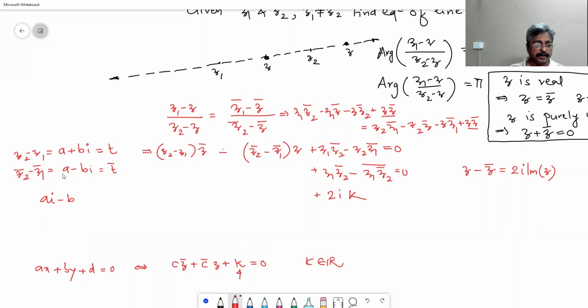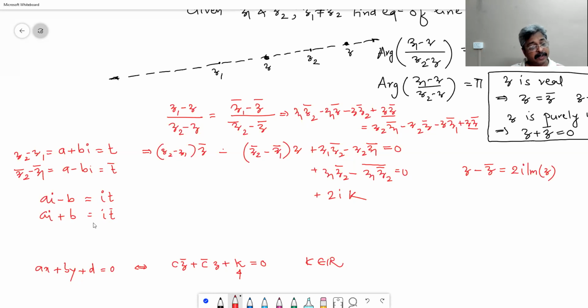And if I multiply this fellow by i, what will I get? ai plus b. Is that right? Yes or no? Which is going to be equal to i times t, which is equal to i times t bar.